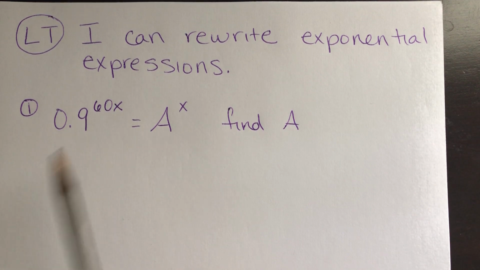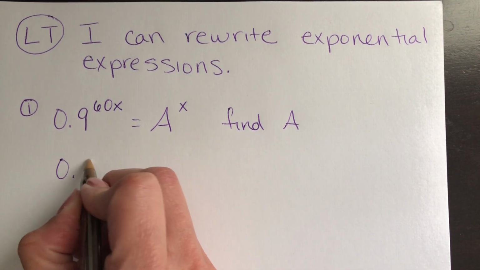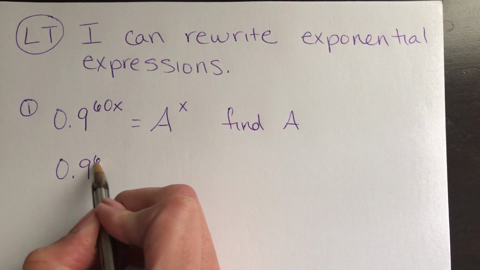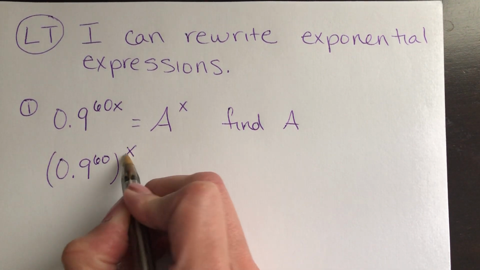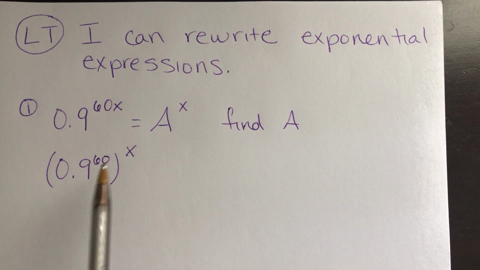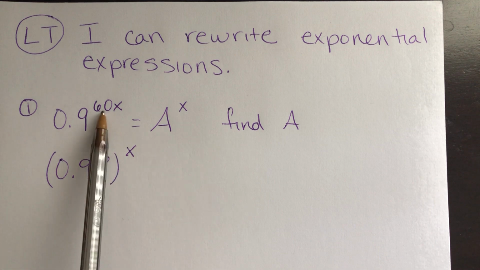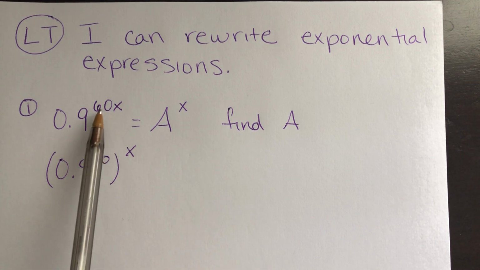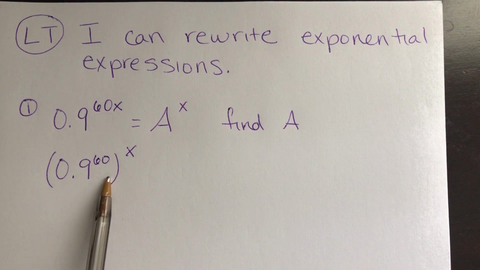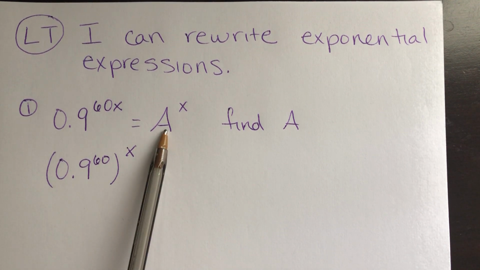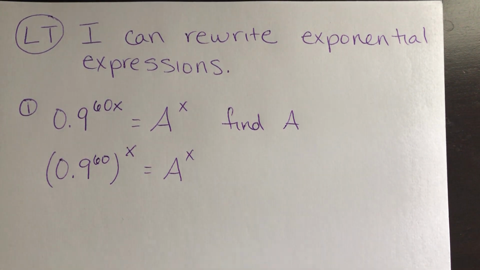So let's reverse that, go backwards with that property and say this is 0.9 to the 60th power, all raised to the x power. Now remember, power to power, you multiply, so 60 times x is 60x. So we went backwards, we reversed that power to power rule to break it down to look like this form of a to the x.